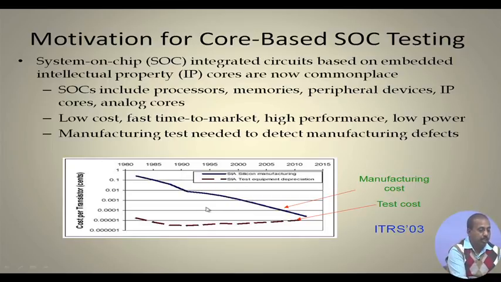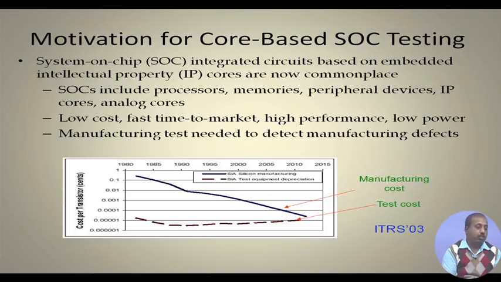From say 2000 onwards, we can see a steady increase in the test cost, and it is very likely that there will be an overshoot, that test cost will cross the manufacturing cost. That is because these ATEs are becoming costly. If we want to test more and more chips at high frequency, the ATE costs are going to be high.